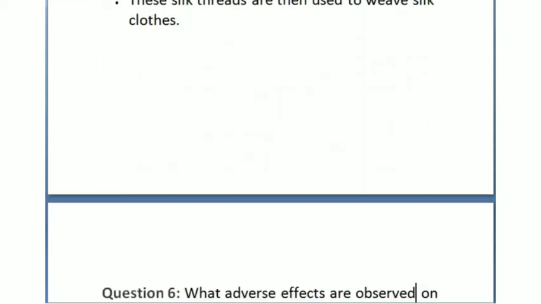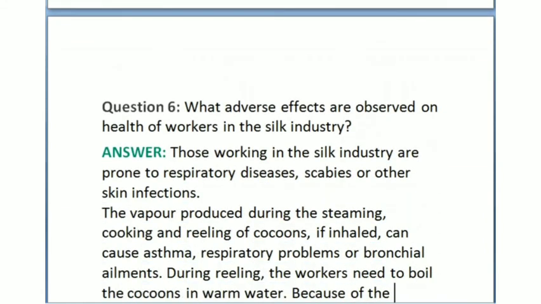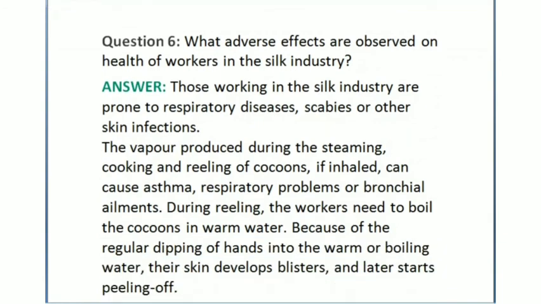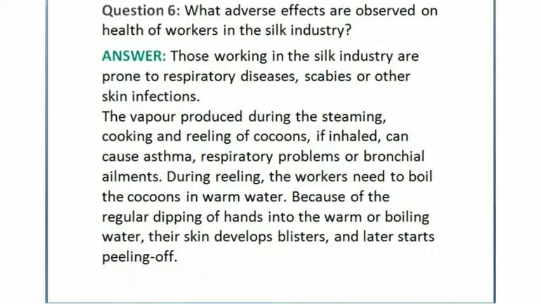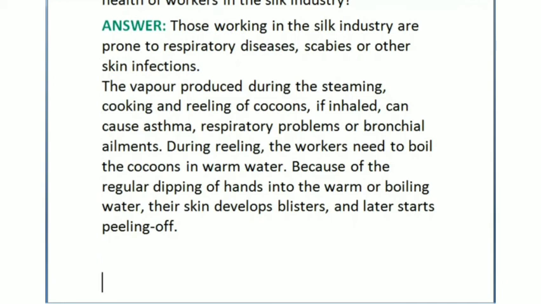Moving further, now we come to our last question, that is, what adverse effects are observed on the health of workers in the silk industry? So those workers in the silk industry are prone to respiratory diseases, scabies or other skin infections. The vapor produced during the steaming, cooking or reeling of cocoons, if inhaled, can cause asthma, respiratory problems or bronchial ailments.